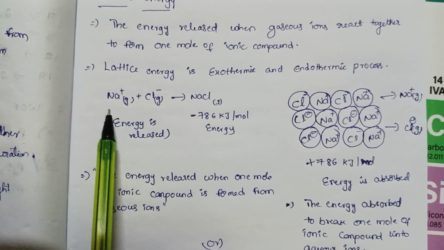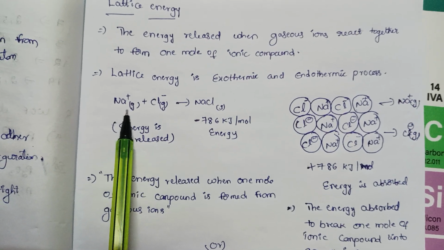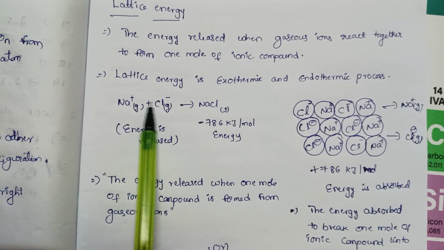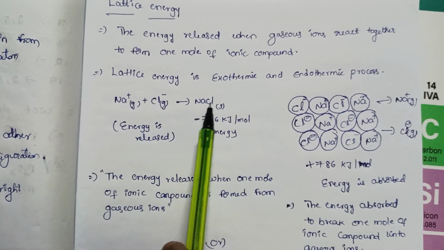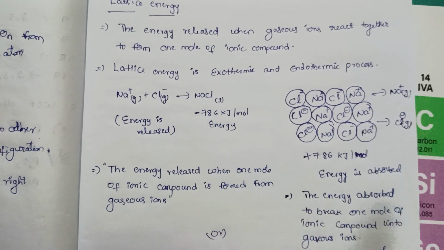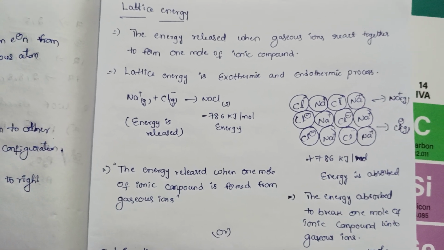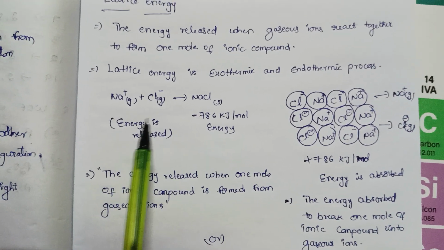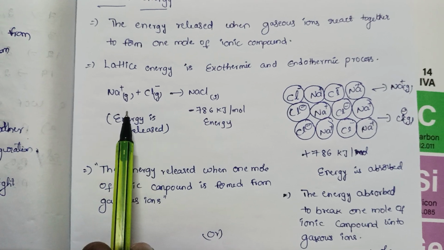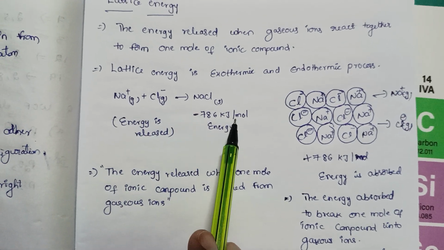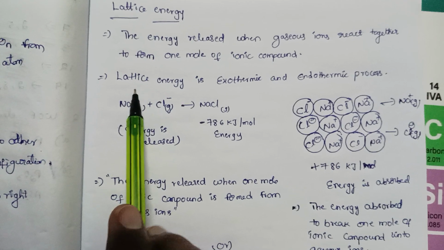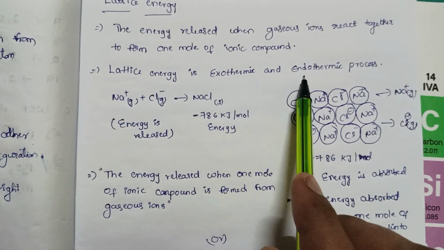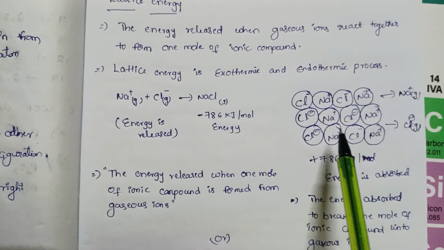See, if different constituents Na plus and Cl minus combine together, it forms NaCl compound. Whenever they combine together, it releases energy. That's why lattice energy is both an exothermic as well as an endothermic process.